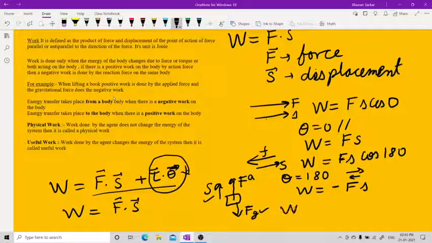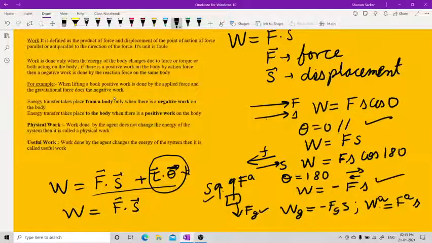So the work done by gravity would be minus FGS, whereas the work done by the applied force is FAS, applied force into S, because they are now parallel. That is the concept I used here.